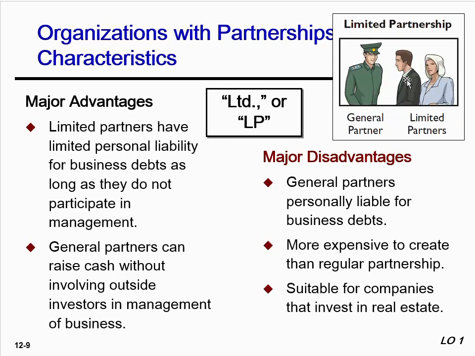The first specialized partnership organization is known as limited partnership. We call it LTD or LP. In a limited partnership, most of the partners have limited liability, but there should be at least one journal partner. What are the journal partners?